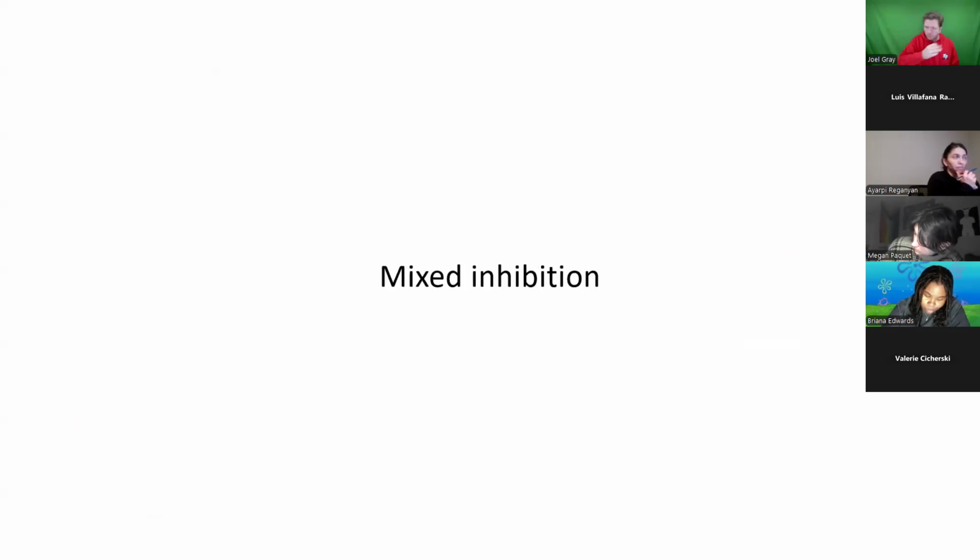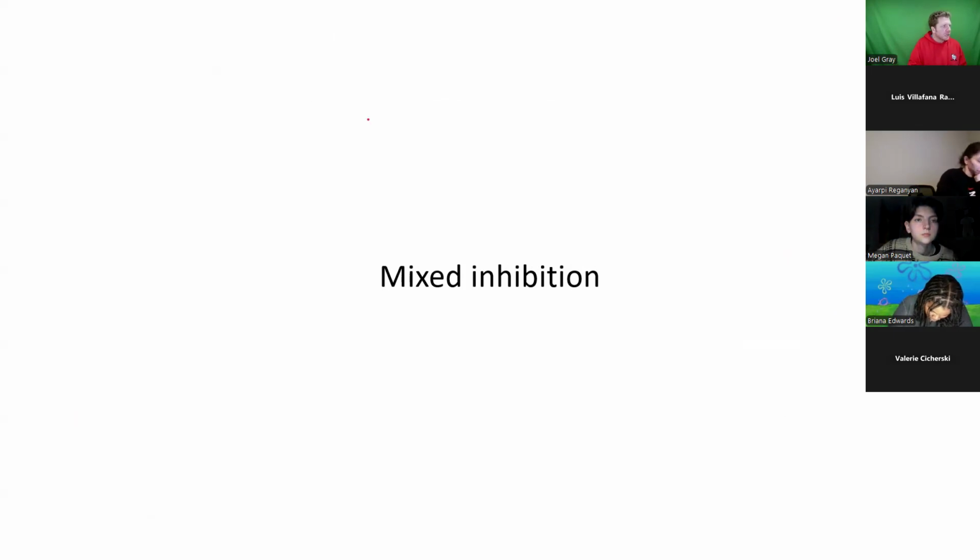So we've got a competitive inhibitor and an uncompetitive inhibitor so far. A competitive inhibitor goes to the active site. An uncompetitive inhibitor avoids the active site and goes to another part of the enzyme, but only when the natural substrate is already bound.